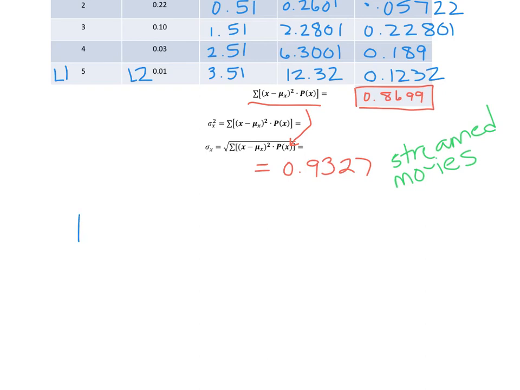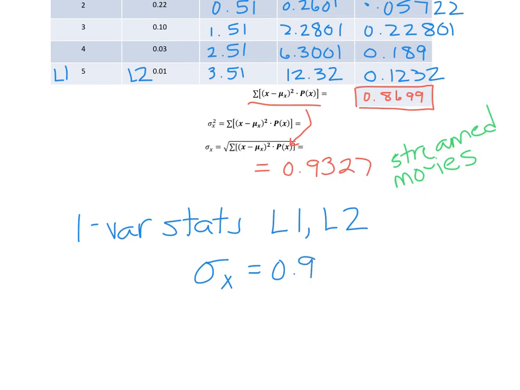You would run a 1-Var Stats. Your data would be L1. Your frequencies would be L2. So on the TI-83 screen, you would write 1-Var Stats, L1, comma, L2, and then press enter. And you would get your sigma sub x, again, to be the 0.9327.